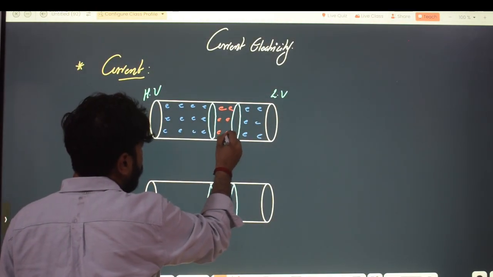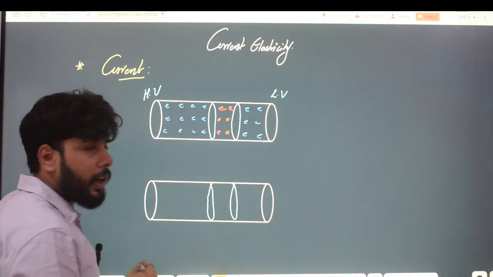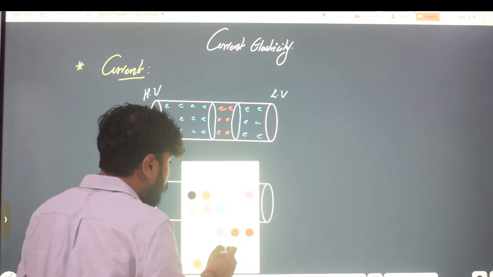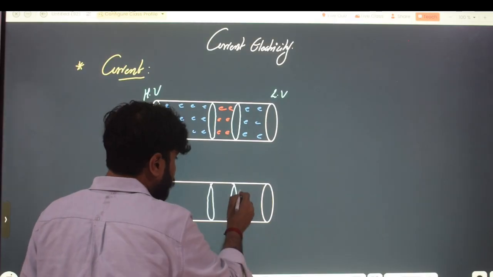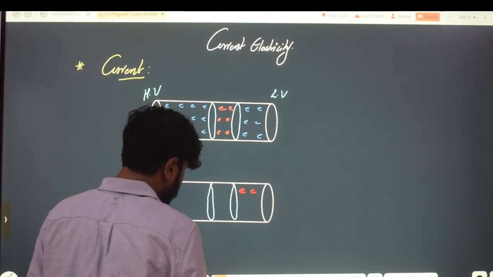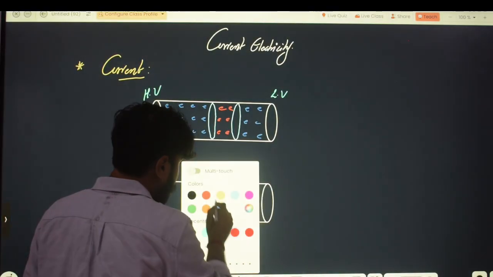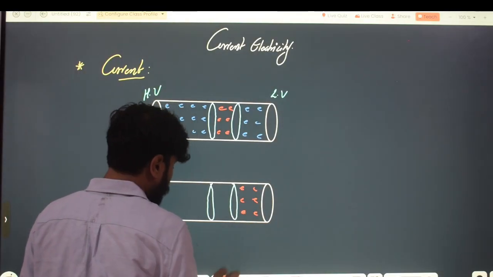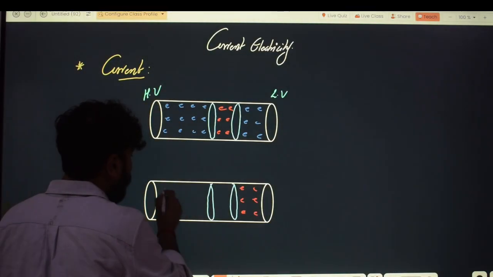If you pay attention, the electrons in this given section are marked with some particular color. And why is that? I'll show you. Let's say after t time, the picture is this.